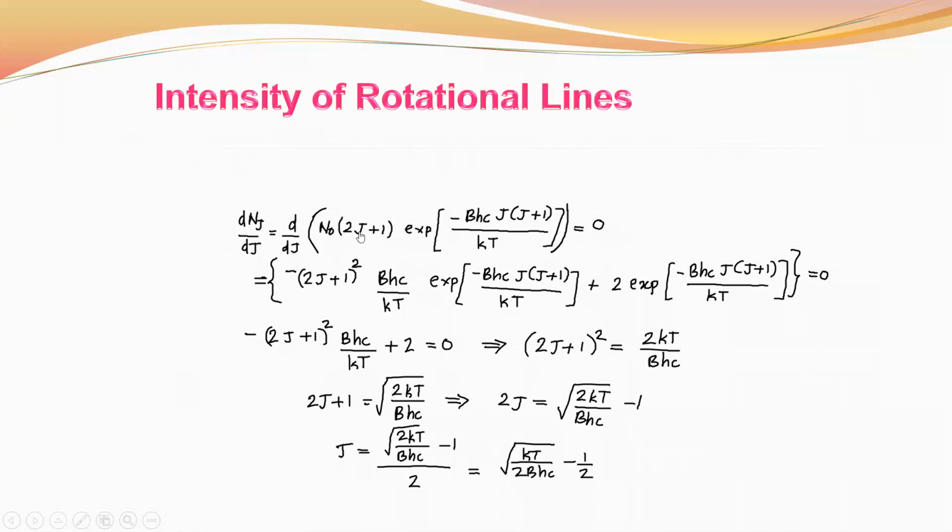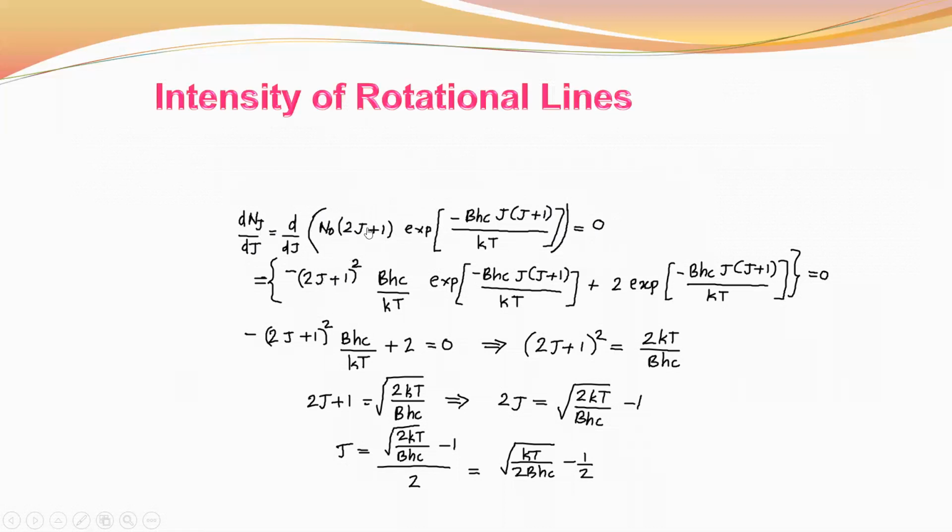Here the two quantities, 2J plus 1 and the exponent, depend on the value of J, and n0 is constant, so we can take it outside, and it can be cancelled out because the other side is equal to 0.